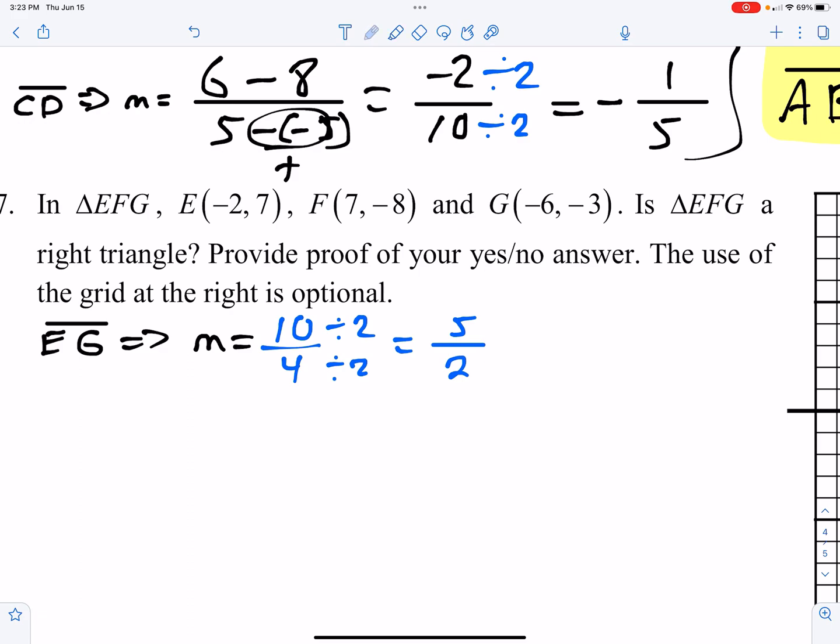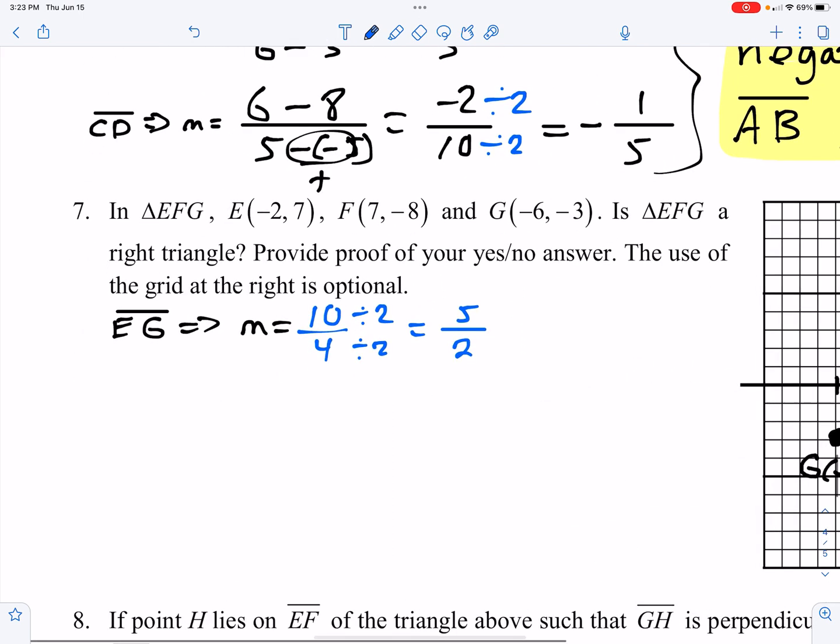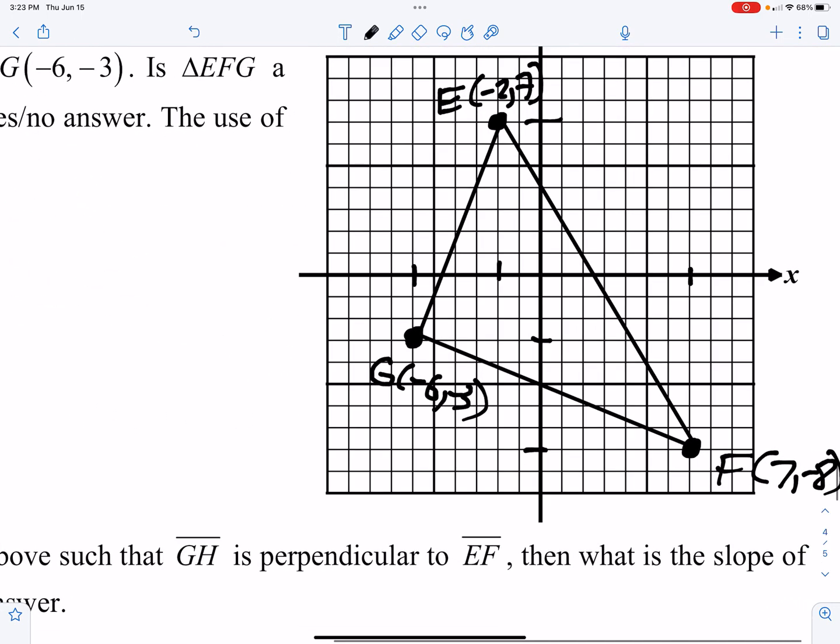So I got the first slope. Now I need to find the slope of FG. For that one, I'm going to go down and over. I'm going to go down 1, 2, 3, 4, 5, and then over 1, 2, 3, 4, 5, 6, 7, 8, 9, 10, 11, 12, 13.